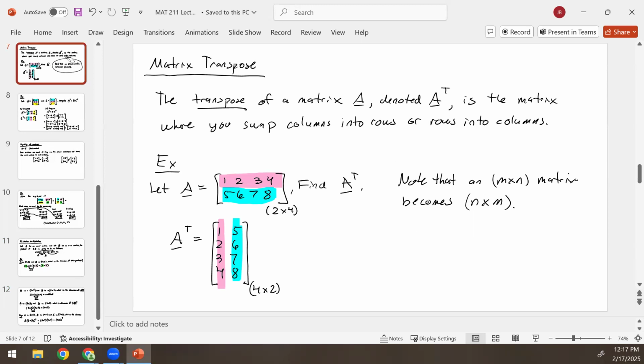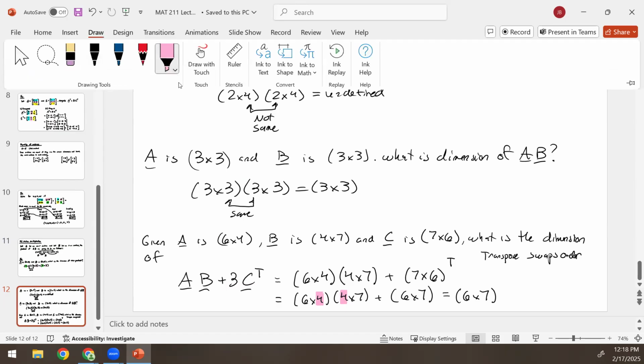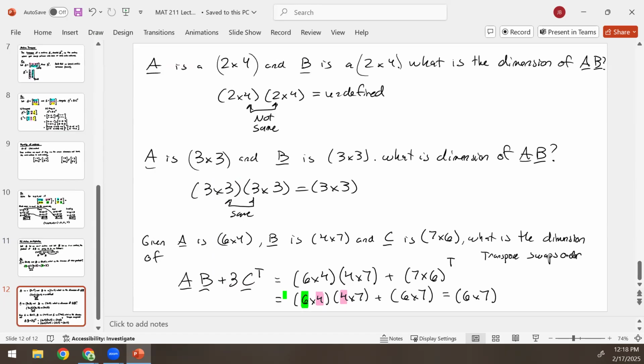I'm not going to do the multiplication yet, I'm just going to do the transpose. 7 by 6 becomes 6 by 7. Transpose swaps order. Now if I look at it here, I have this number and this number. They're equal to each other, which means I can do 6 by 7, because 6 right here, 6 right here.